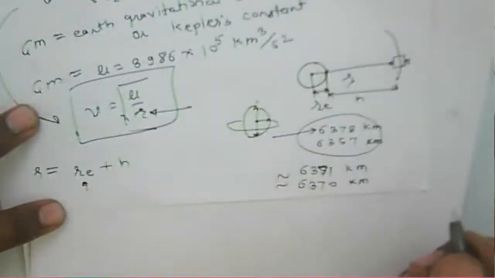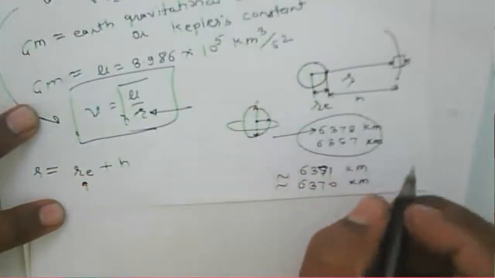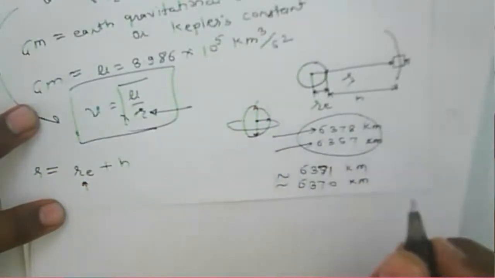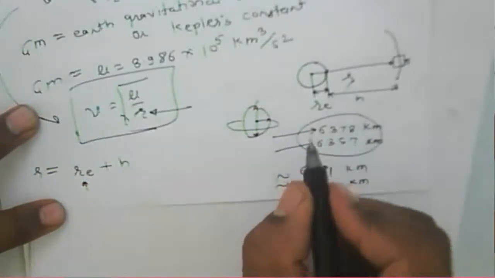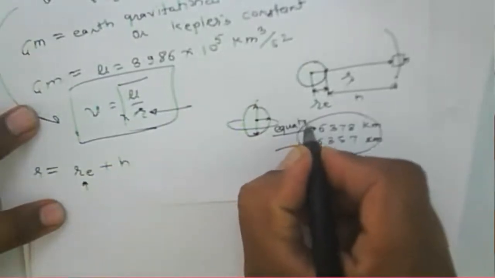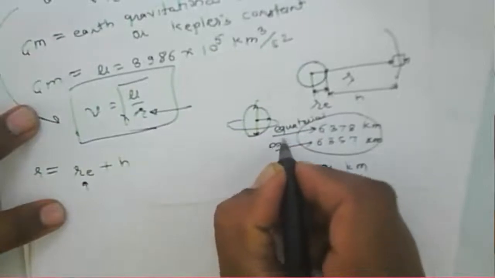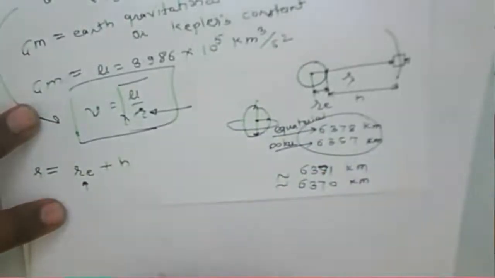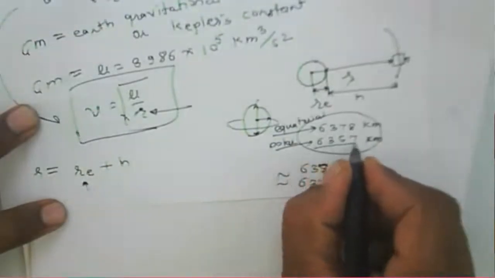With this radius, if you consider an equatorial orbit, or a polar orbit, the radius of the particular orbit changes.